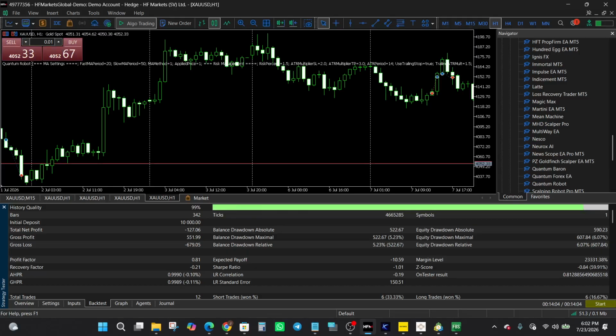Now, since the developer explains that the EA combines trend analysis with ATR based trade management, the historical results appear broadly consistent with a strategy that adapts to changing market conditions rather than relying on a fixed approach. However, without access to the underlying source code, it's impossible to verify every aspect of the trading logic. So it is important not to draw conclusions beyond what the available information supports.